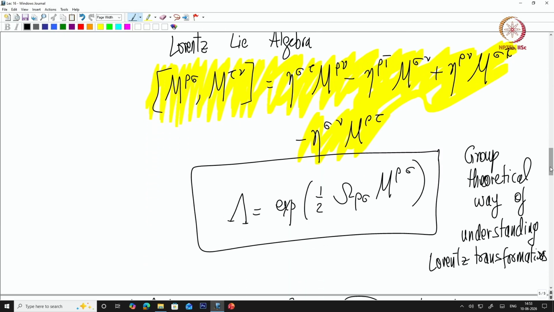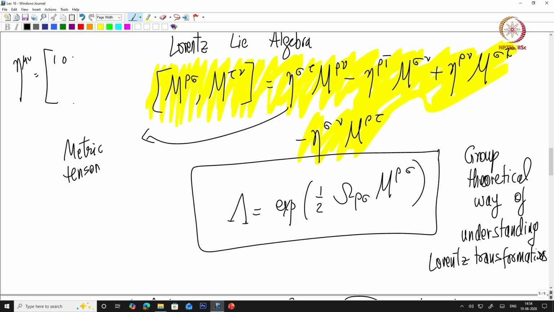Okay, so this is the algebra which they satisfy, and the eta is nothing but your standard metric tensor, eta mu nu, which is the special theory of relativity metric tensor.